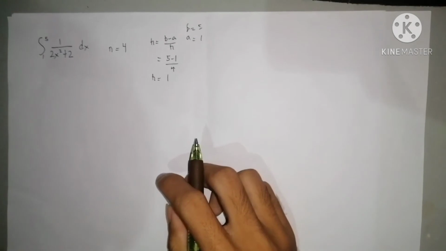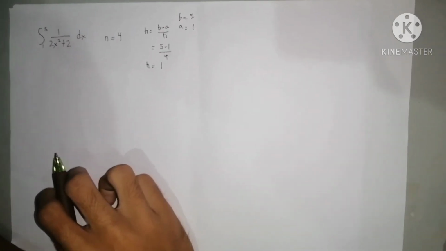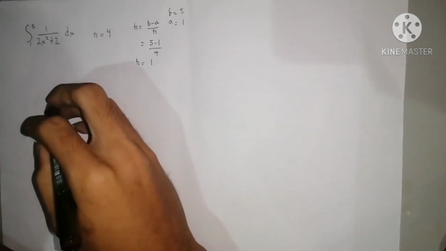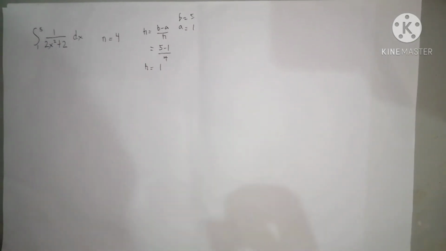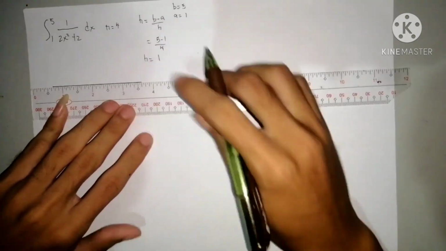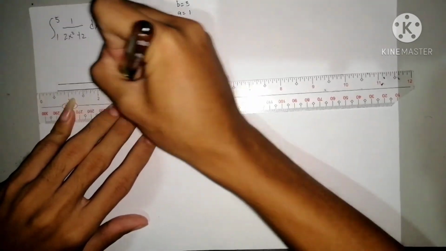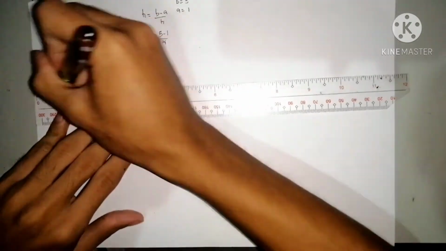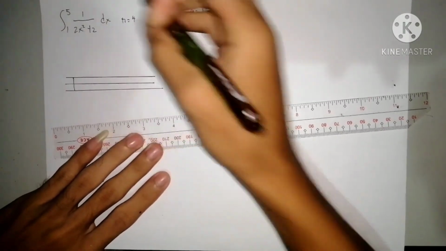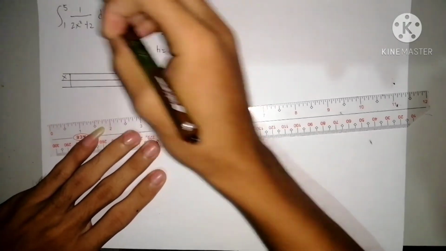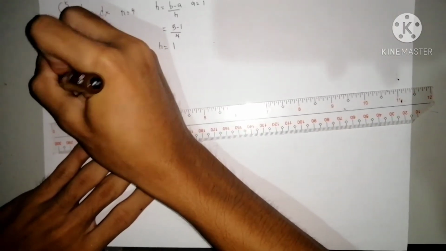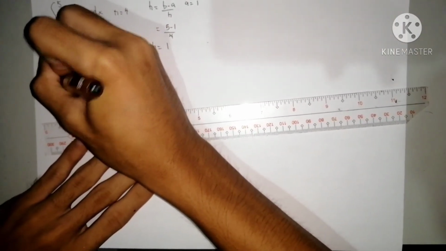The next step, we need to find the x terms. Before that, we need to create a table. Here is the x value in the upper row, then here is the y value, which is our f of x.